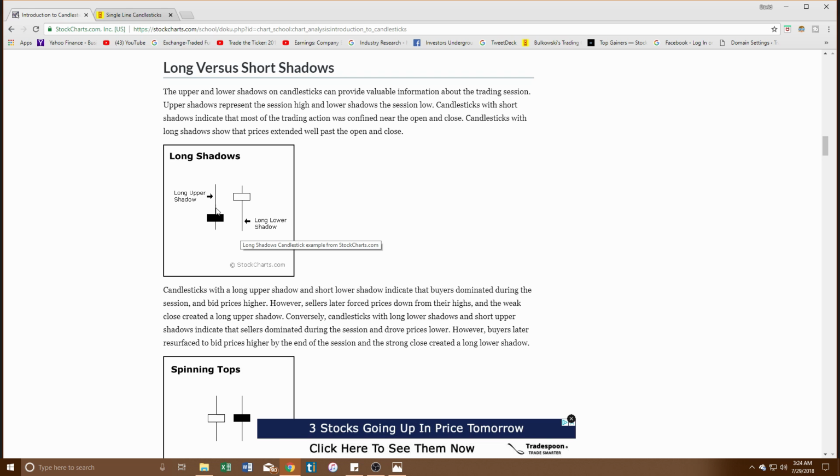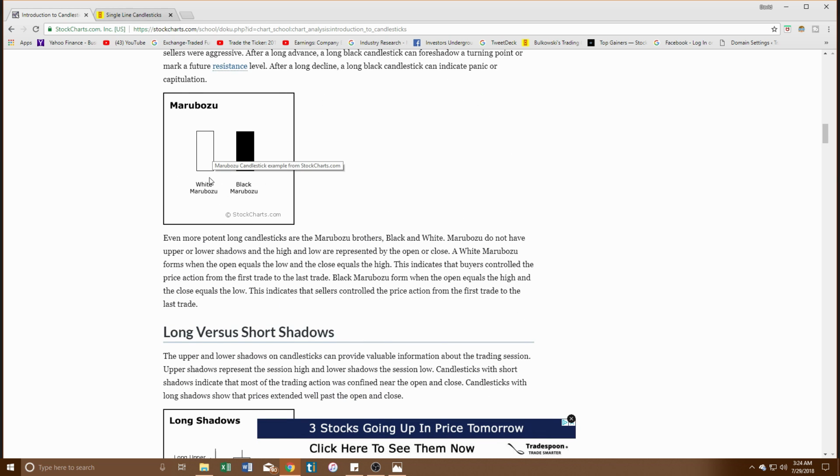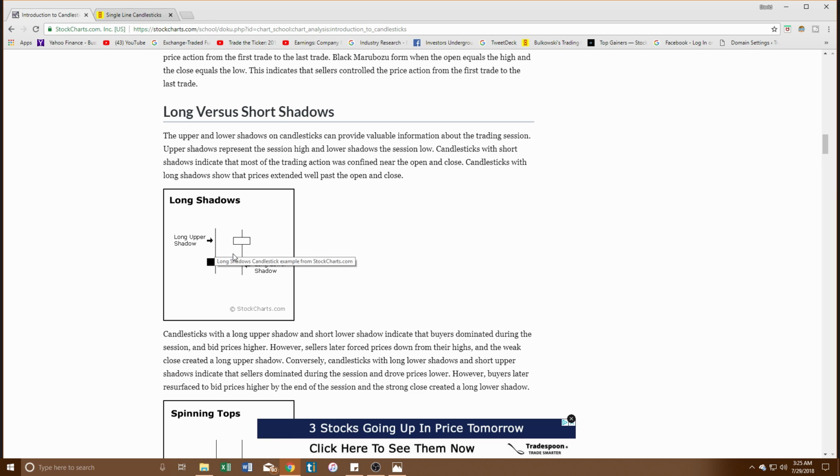We call those wicks. Some candles won't have wicks. Most candles do have wicks. So these are long shadows, poles, or wicks, whichever one you would want to call them. And they provide valuable information about the trading session.